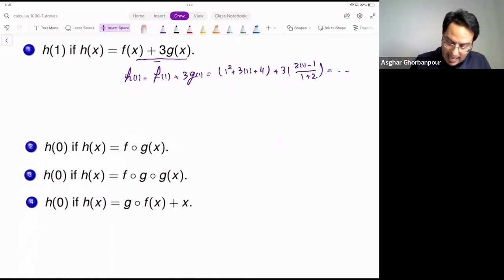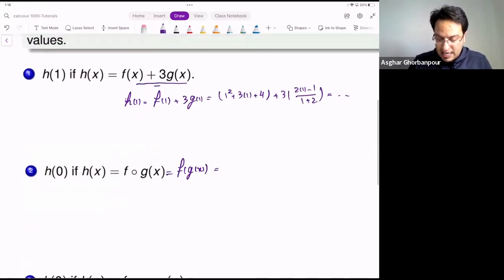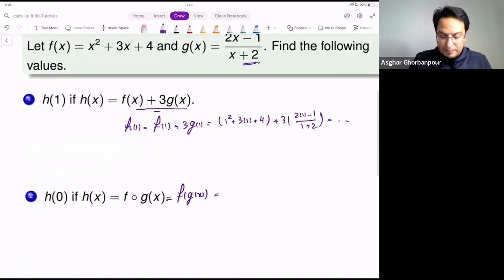F∘g, you can find the function itself. This is f evaluated at g(x). It means that you take g(x), whatever g(x) is, and put it as the input of f. So f, what does f do? f squares the input, multiplies the input by 3, and adds these two and adds 4.